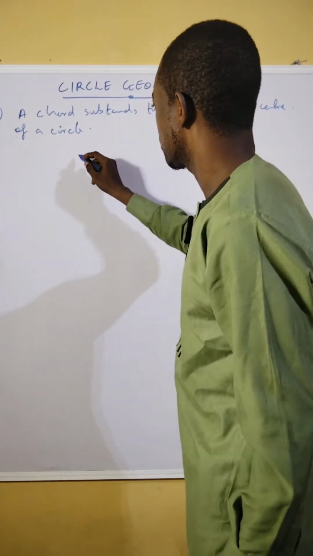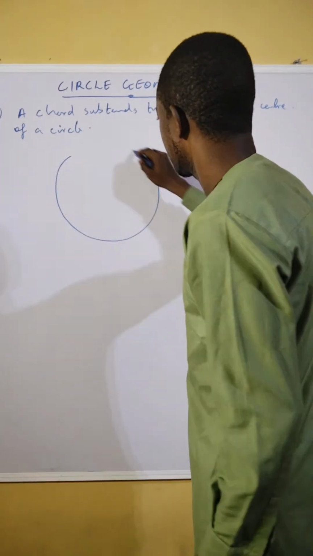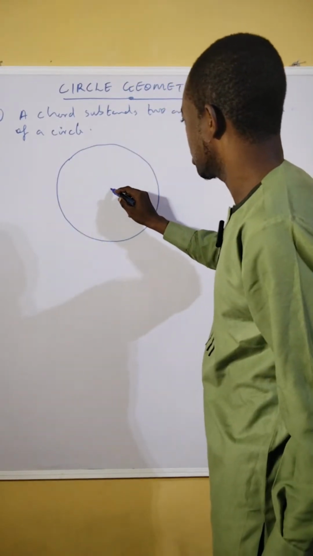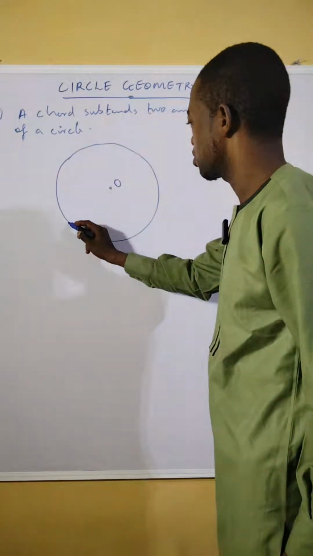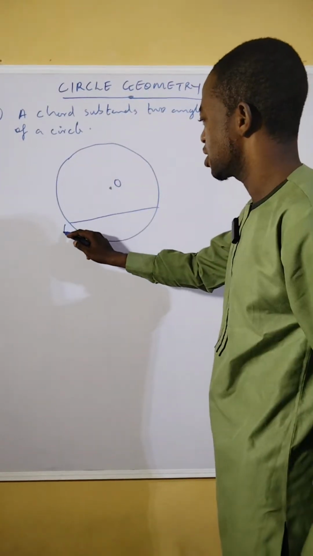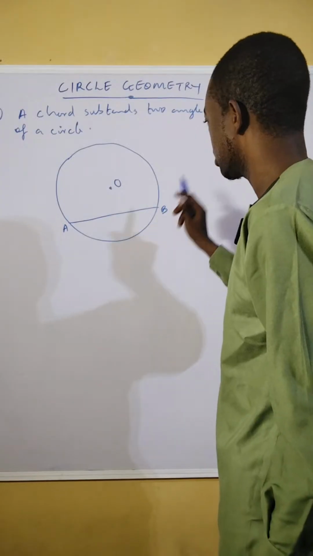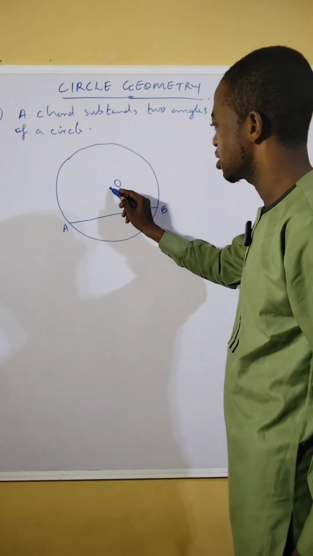So when we have a circle here, let's have the circle with center O here. And let's say we have a chord labeled as AB. This chord AB can subtend two angles at this center here.